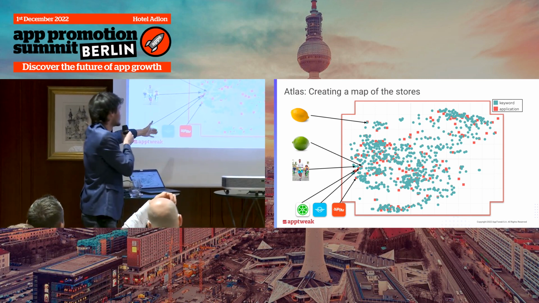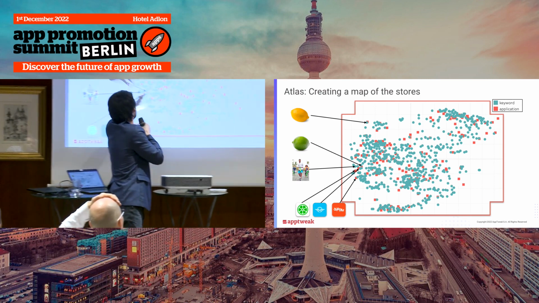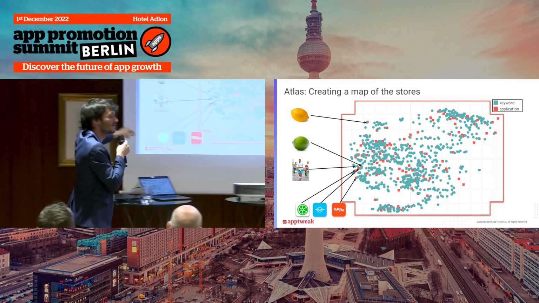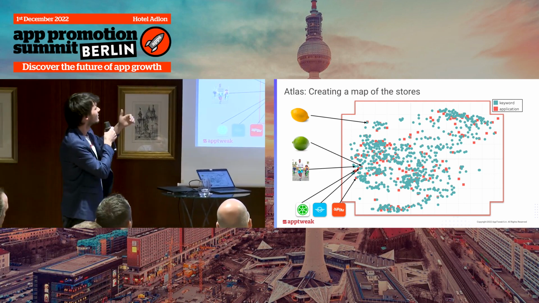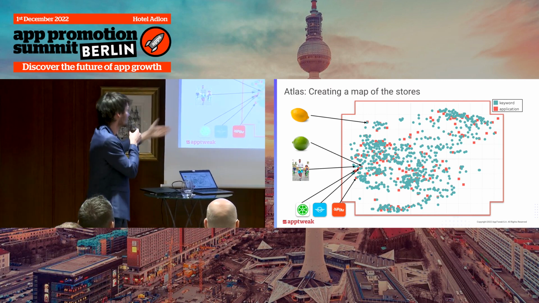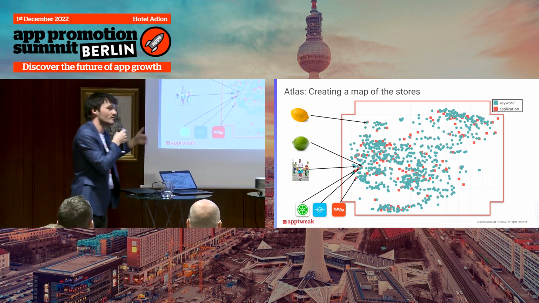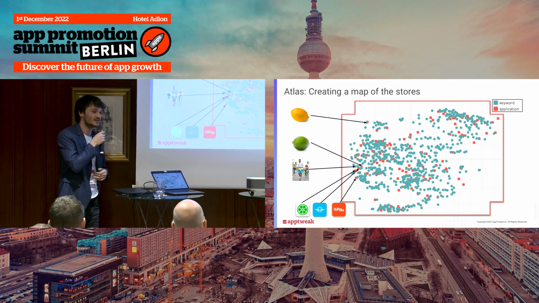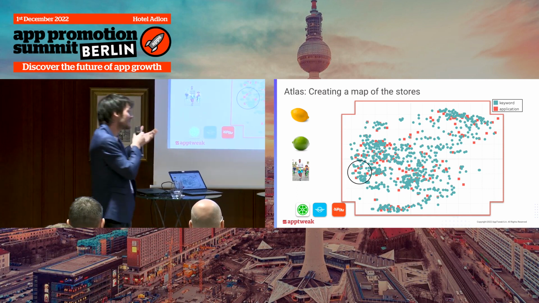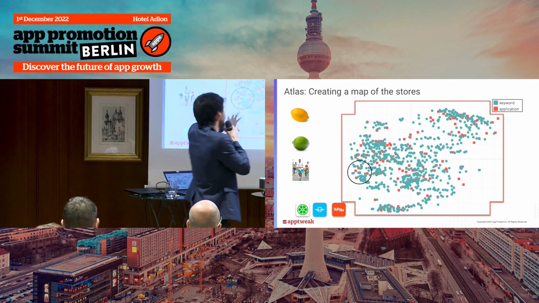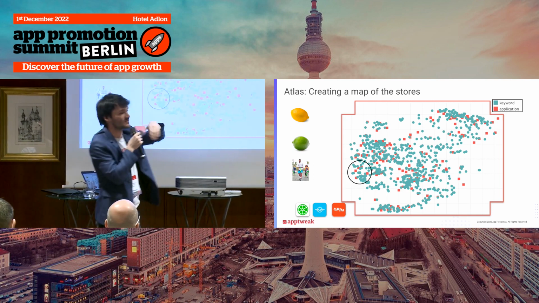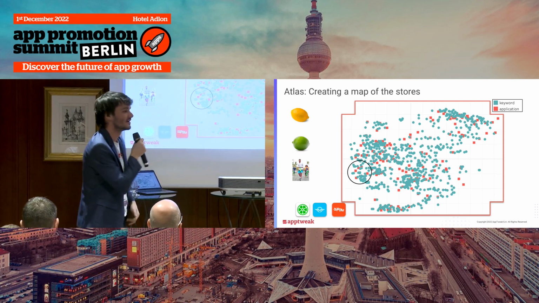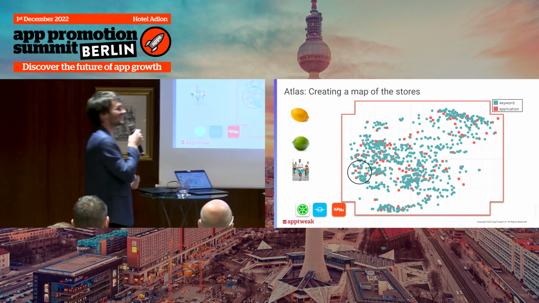You have Lime, Bird, and Spin just located next to lime and scooter, but pretty much far away from lemon. So Atlas is able to say, okay, lemon has nothing to do with Bird, but scooter is very relevant for the application Bird. And so I can look at this specific area and I will mostly find only scooter rental apps and scooter-specific keywords, like rent a scooter, scooters, anything.